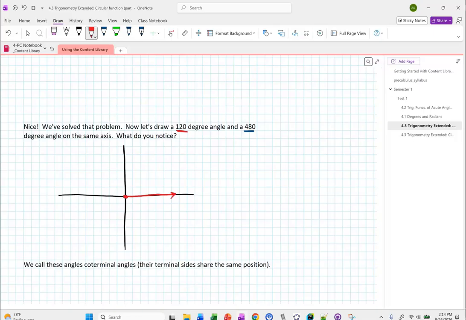Vertex, initial side, then 120, so 90, and then like 30 more. Feel okay there? Notice I'm just kind of eyeballing where these are at.